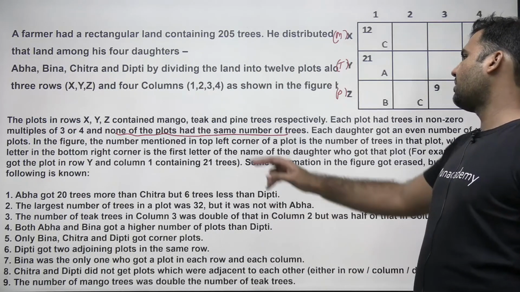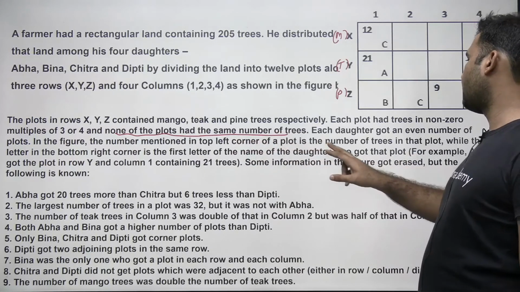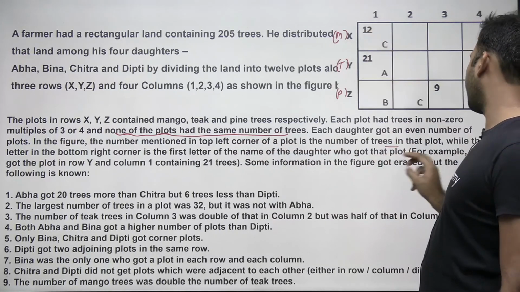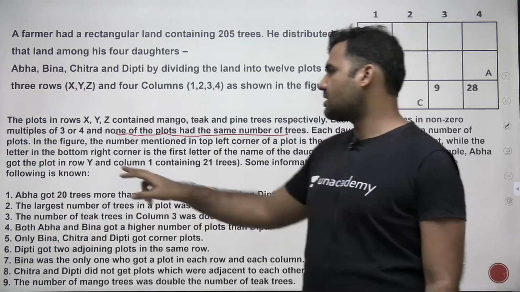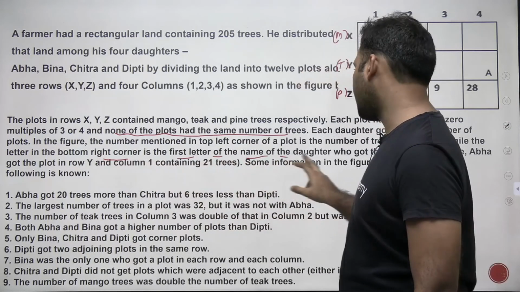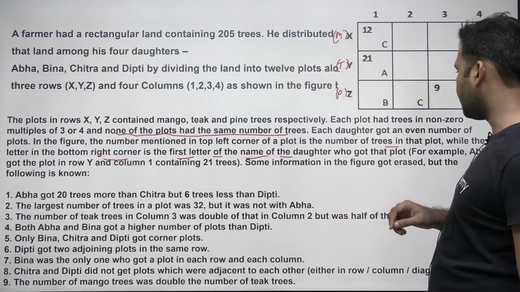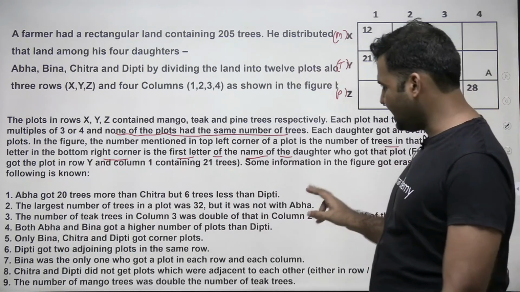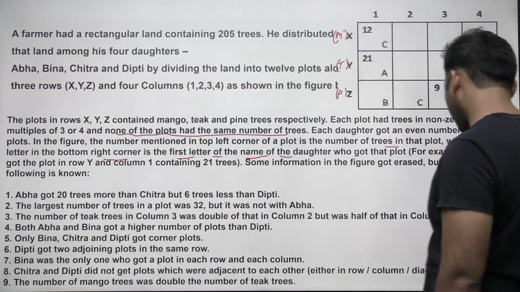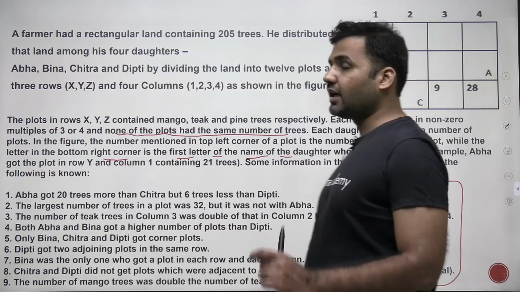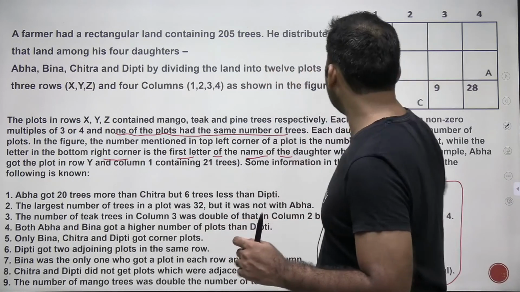If in the figure the number mentioned in the top left corner of a plot is the number of trees in that plot, while the letter in the bottom right corner is the first letter of the name of the daughter. For example, this is for Bina, this is for Chitra, and so on, as I already explained to you. Now, these are the points that you need to note down, right?